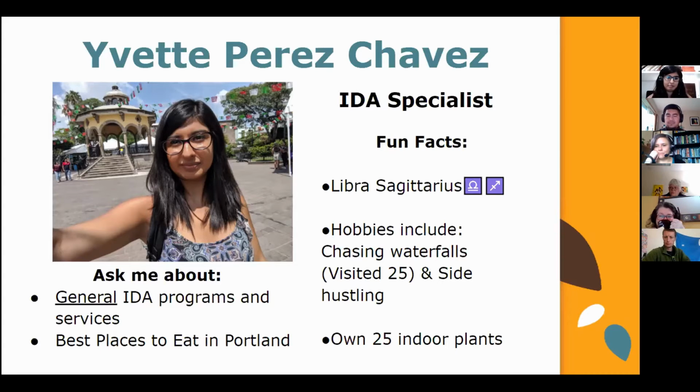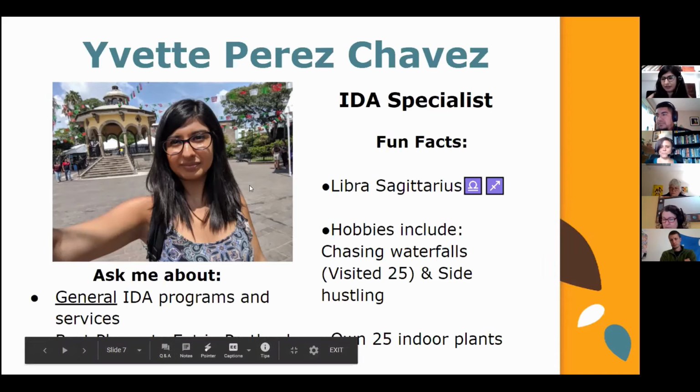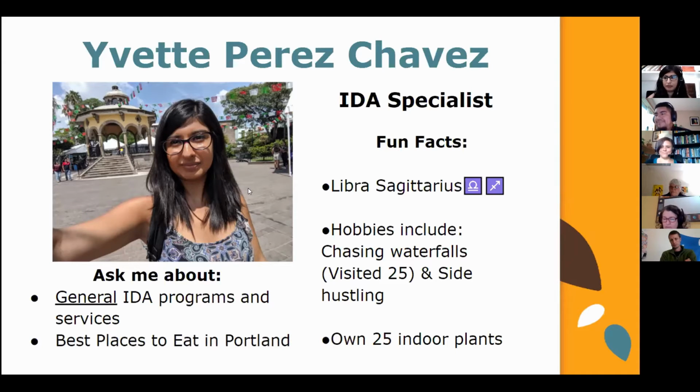So we're not really doing any advertising or going over those programs that we offered. For now, just talk to me about general IDA things. I could probably help you out. Also talk to me about where to eat in Portland when it's not so smoky anymore and we can get takeout again. Fun facts, Libra Sagittarius, almost in my season. I'm excited. I am a very happy plant owner, and when we're able to go outside, I do enjoy going hiking and looking for waterfalls. So that's a little bit about me.